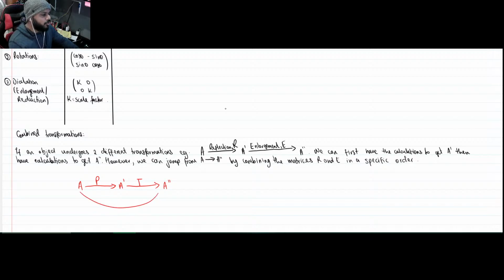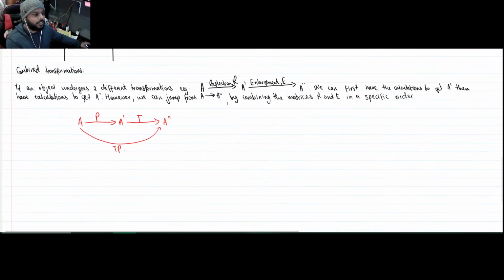From A straight to A double prime, I can have a combined matrix TP, where I multiply the matrix T by P, and I use that to go straight from A to A double prime. We will do one example, and I'm 100% sure when we do the past papers, we will get another question just like it.